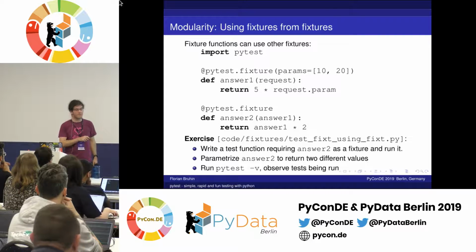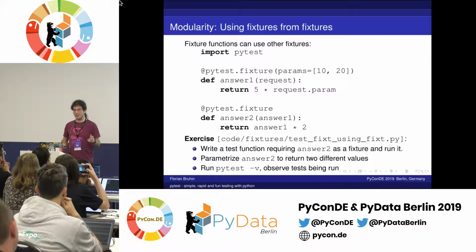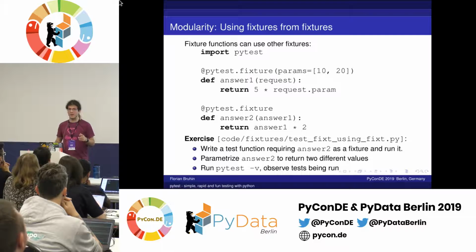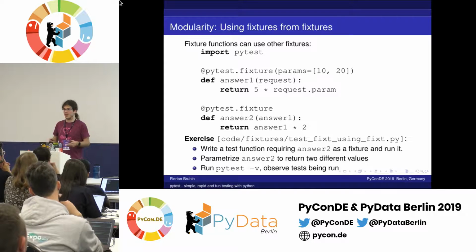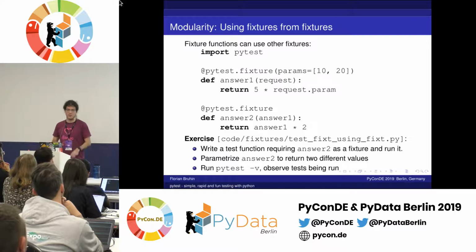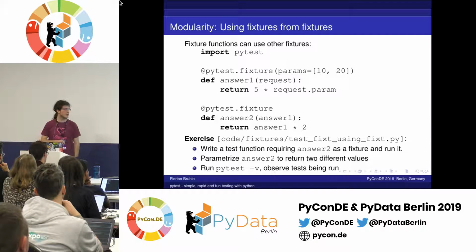And what you then can do to compose those fixtures is that you would use a fixture in a test by having an argument named the same. You can also use a fixture inside another fixture. So there is another exercise file, test fix using fixed.